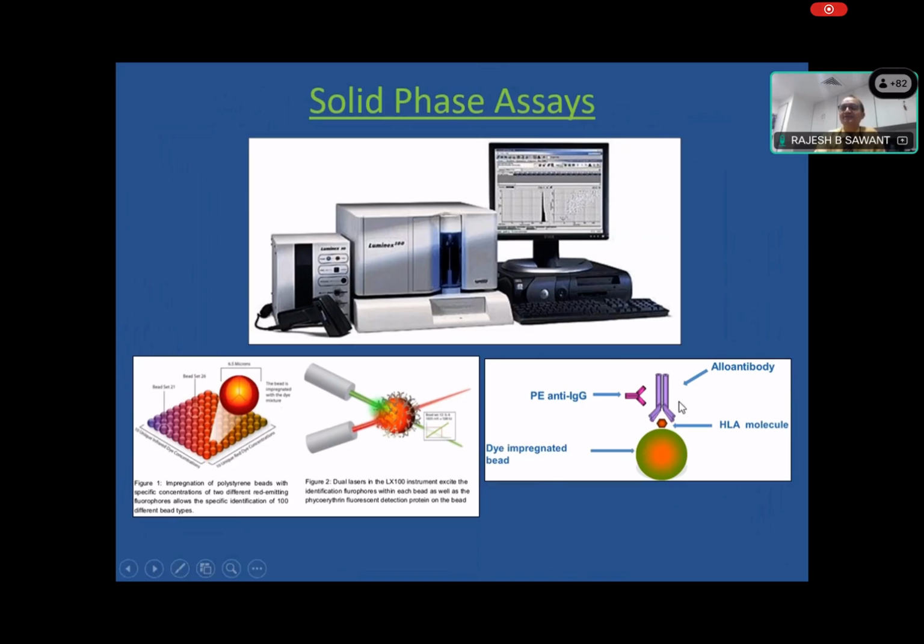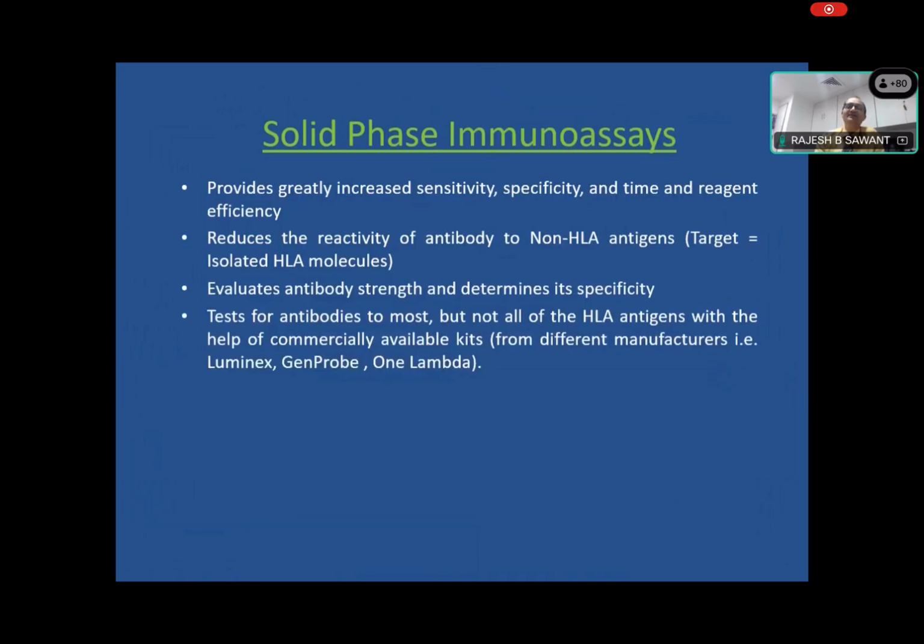So what happens is that if there is an antibody or multiple antibodies, depending upon what antigen is coated on this bead, this antibody will attach to the antigen coated over the bead, and then it will be tagged with a phycoerythrin based anti-IgG antibody, and it will be detected, and it will give an output which will be measured in terms of mean fluorescence intensity, or MFI, and those values will be used for correlating the quantum basically of the antibodies that are detected.